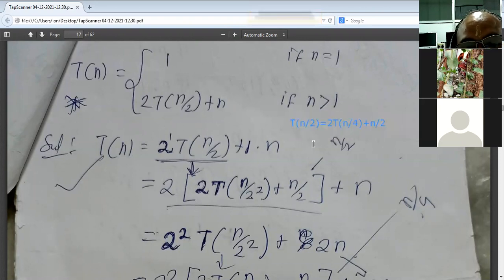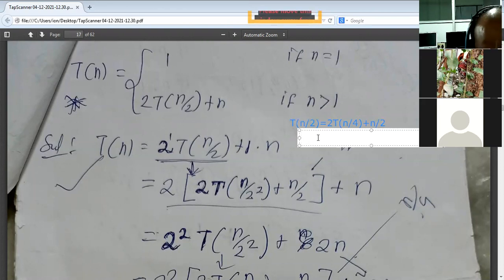Now I want to find out the next equation. I got n by 4, so I want to find out the value of T n by 4 also. So I have written here T n by 4. That means I want to replace n with n by 4. So I have n by 2 square.